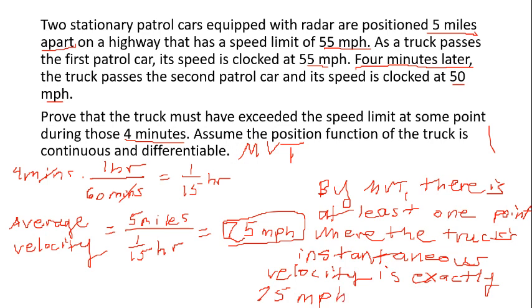We don't know where, but we just know that at some time in those 4 minutes he was traveling exactly 75, which is over the speed limit, so yes, the truck was speeding.